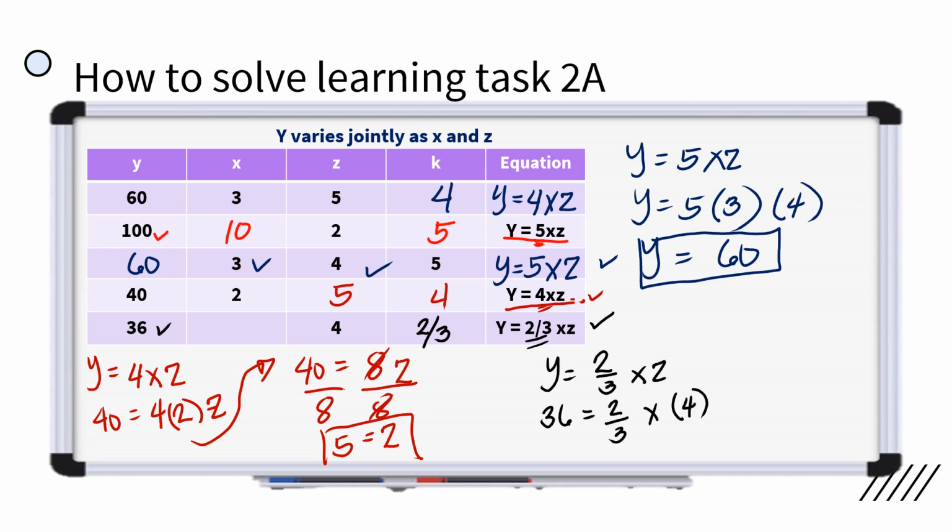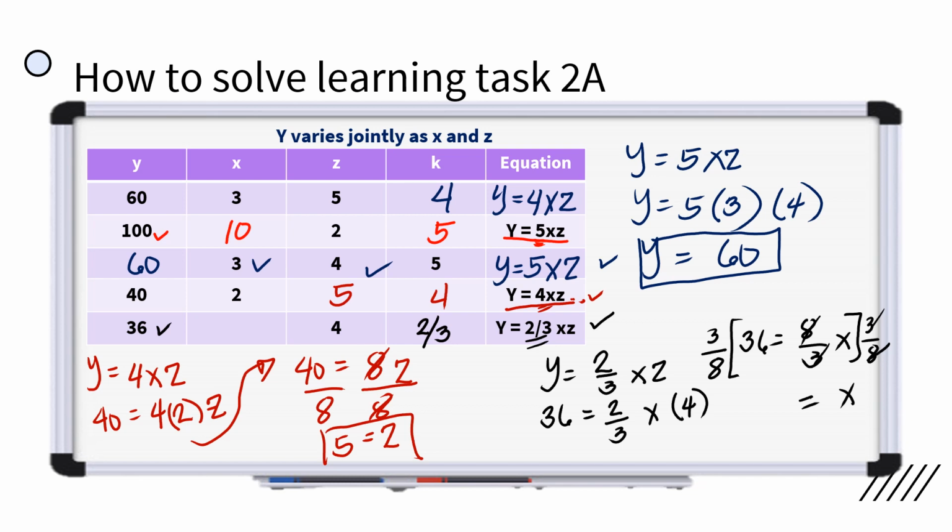So, meron tayong 36 is equal to 8 over 3x. Yan. And then we divide both sides by 8/3 or by simply multiplying this by the reciprocal, which is 3 over 8. So, canceling 3, cancel 8. So, we have x.